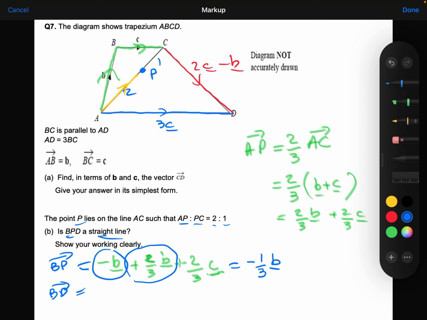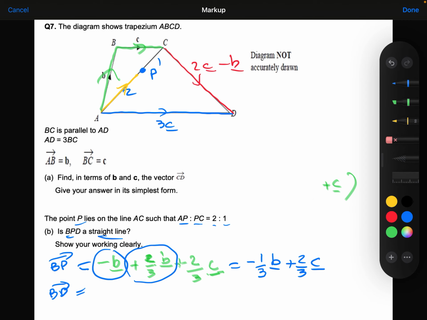The minus 1 plus the 2/3 is minus 1/3, and we've got the b. And don't forget the 2/3 c as well. So that's my answer for BP.